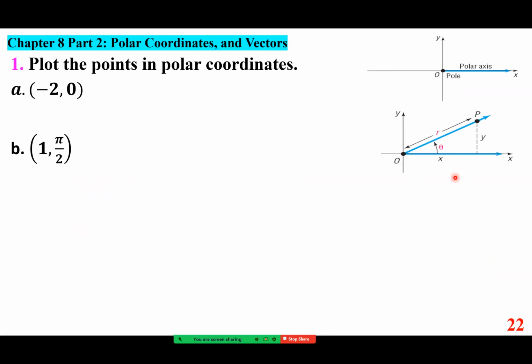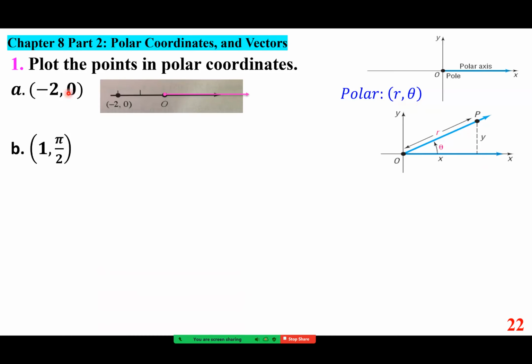So this is the origin, and this is the pole. This is the x-axis, this is the positive side of the x-axis, or the polar axis. In polar we represent points with r, theta, whereas here we represent them with x comma y. And x comma y is unique, but for r, theta, there are infinitely many.